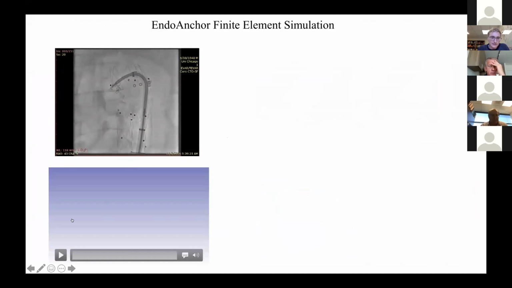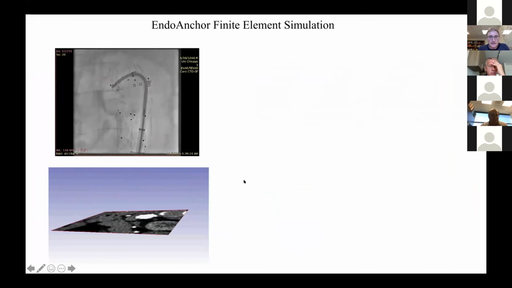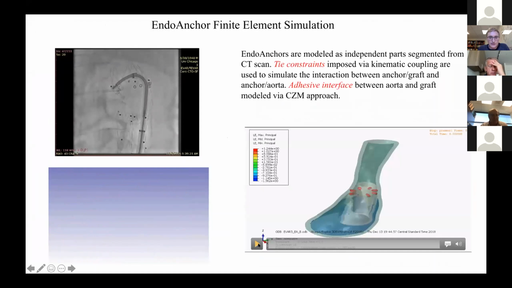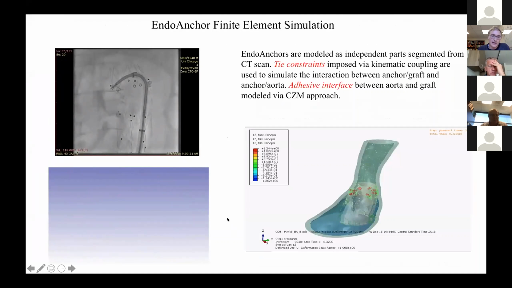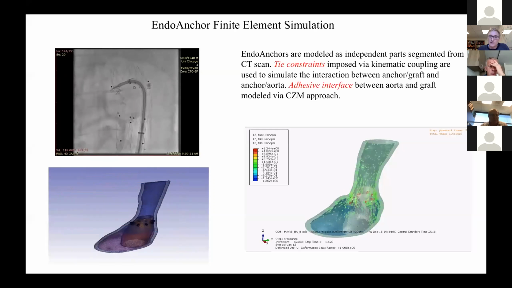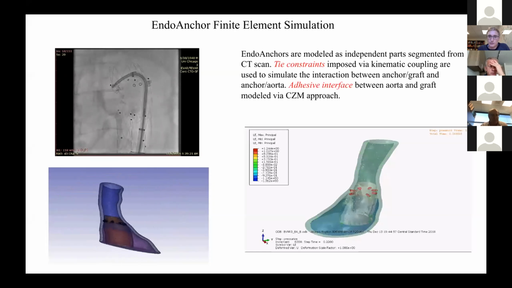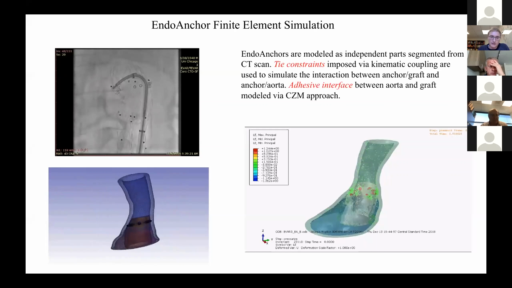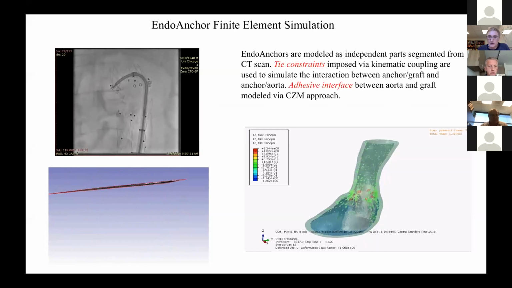We can use adjunct technologies to be able to stabilize these interfaces. And the reason I showed this particular video is simply to give you a perspective of how, in many ways, we are grasping at straws in the clinical realm when it comes to stabilizing some of these at-risk interfaces.